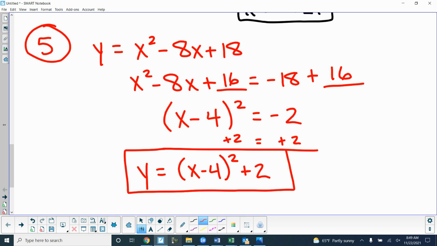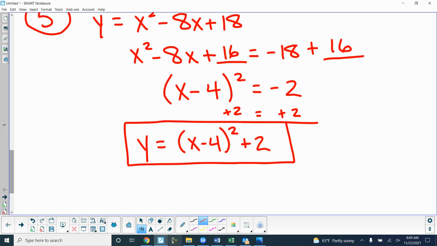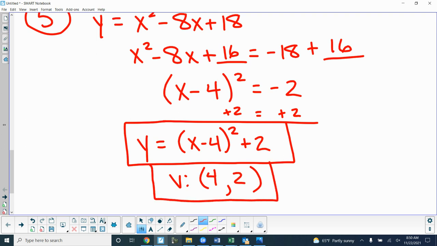Okay? You also have to tell me what the vertex is. AJ, what's the vertex? 4. Very good. So it's the opposite of the number that's with the x. So it's a negative 4 or minus 4 in there. It's positive 4, and then it's whatever's outside, positive 2.